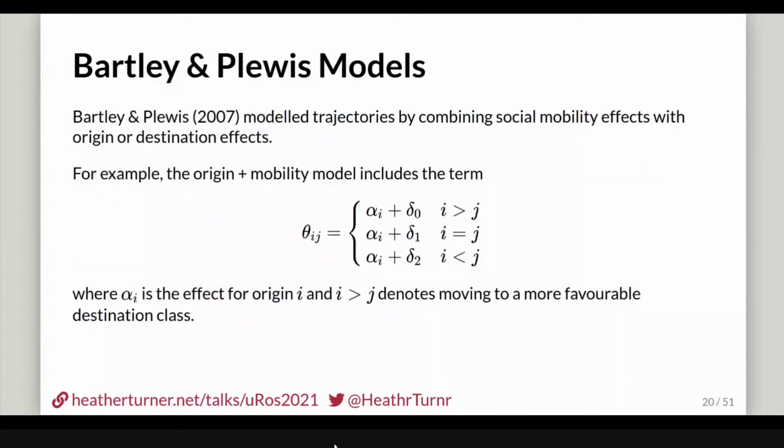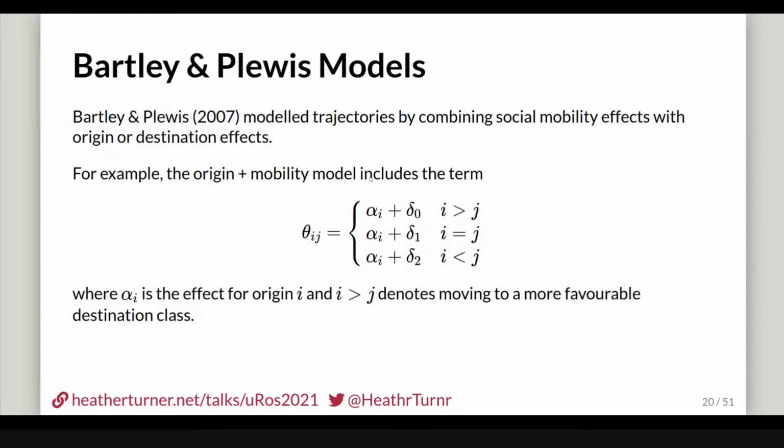These data were studied by Bartley and Lewis in 2007, and they modelled the trajectories of people from origin to destination by combining social mobility effects with origin or destination effects. So, for example, in the origin and mobility model, they included a term where we have the origin effects, alpha i, and then an additional term, delta 0, 1, or 2, depending on which describes their mobility.